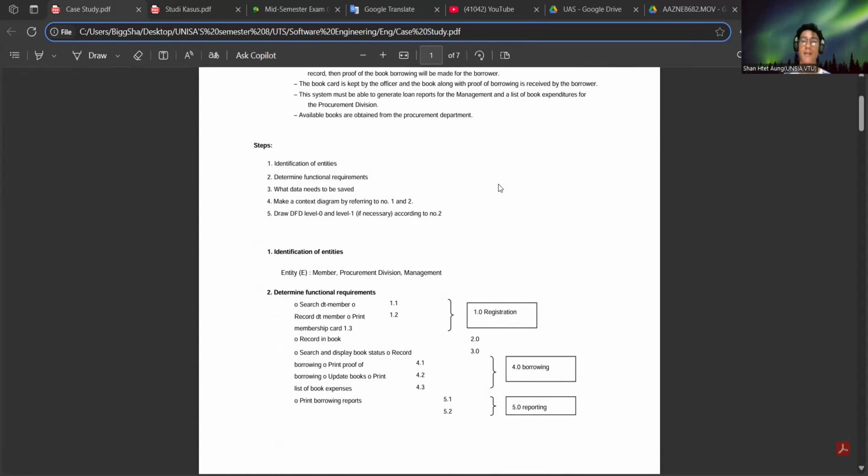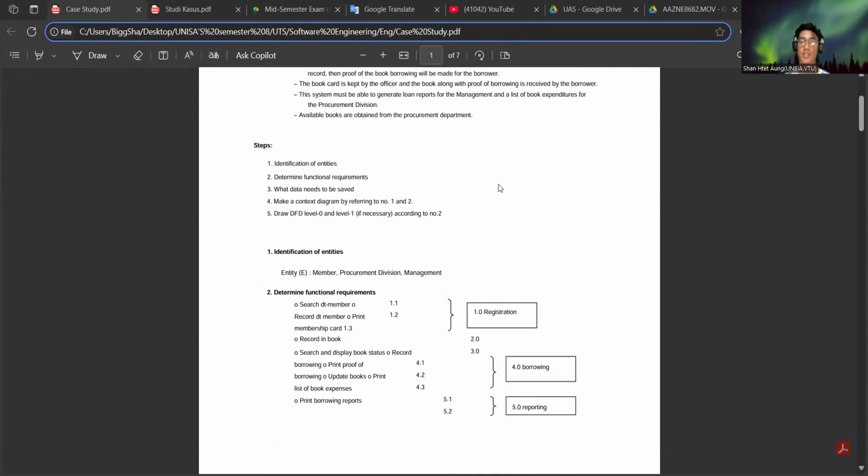Yeah? And after that, we need to determine the functional requirements. Here, we can see there are three functions. First, registration. In the registration, we need to find the member database, record the member data, and then print the membership card.